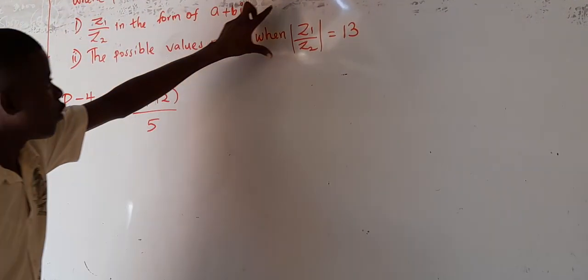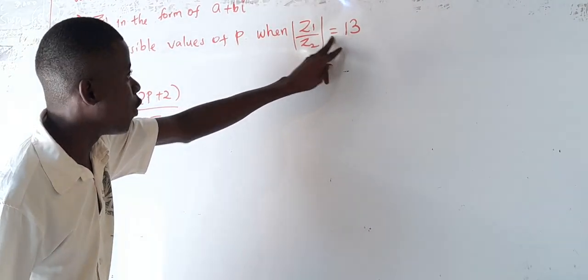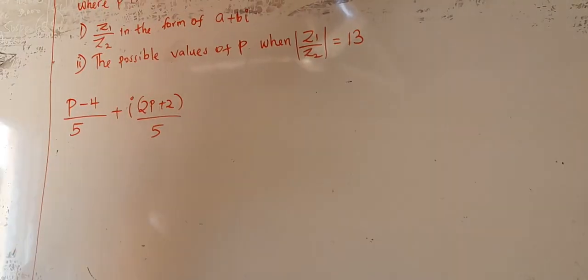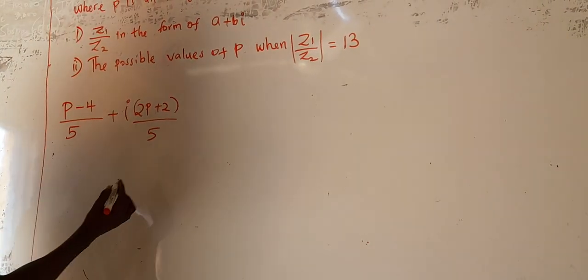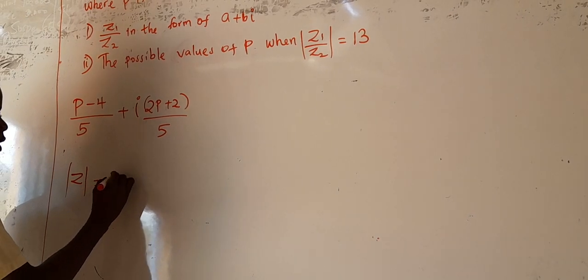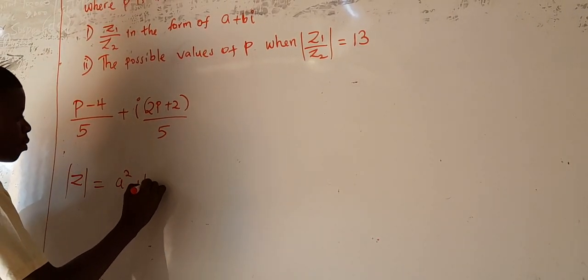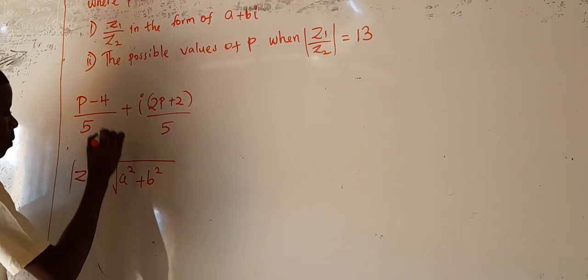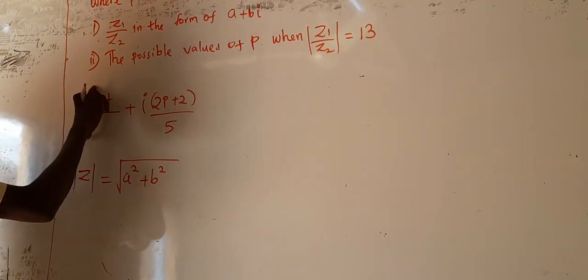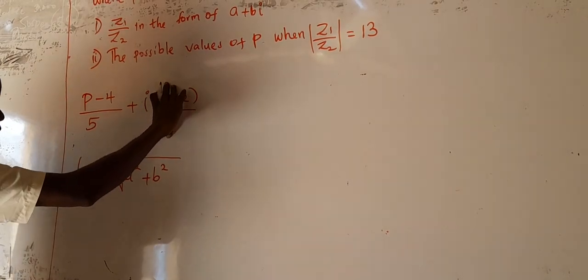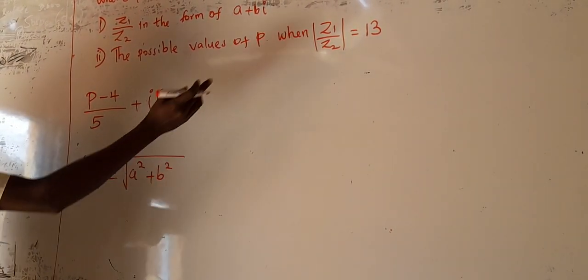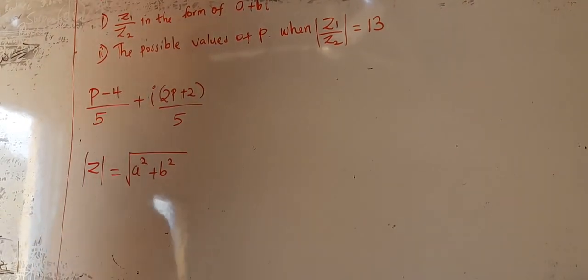So when we get the modulus of Z1 over Z2, we equate it to 13. So how do we get the modulus? Modulus of Z is the square root of A squared plus B squared. So when we take the square root, we are going to get 13.